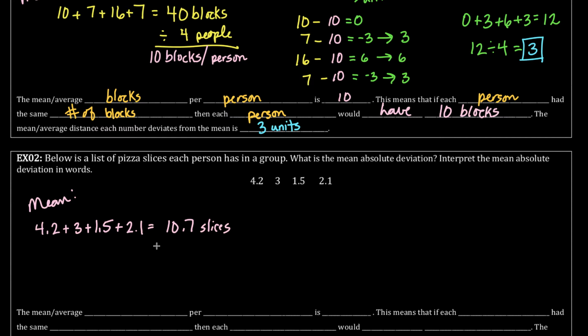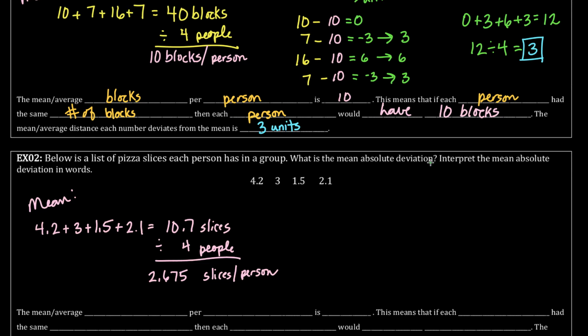And we will divide that by how many people? 1, 2, 3, oh, 4 people again. 4 people. And I get 10.7 divided by 4, about 2.675 slices per person.